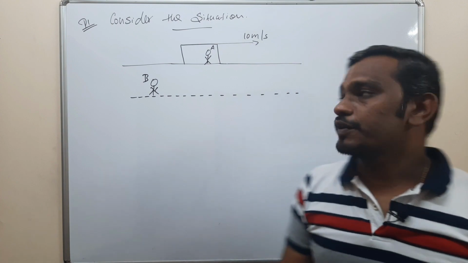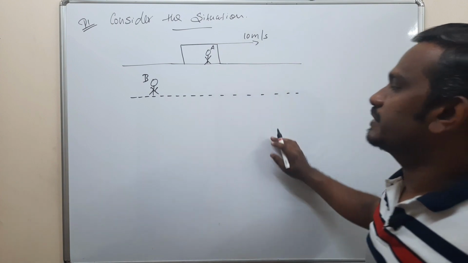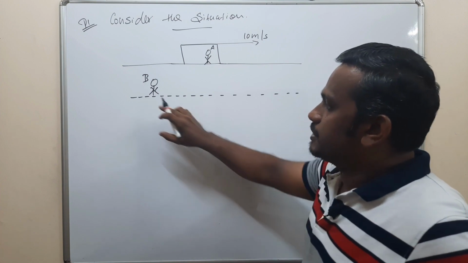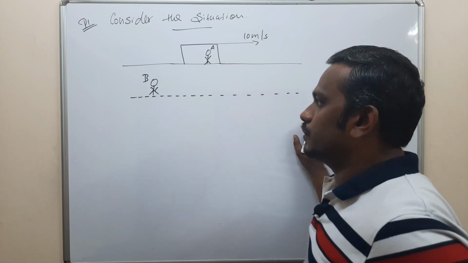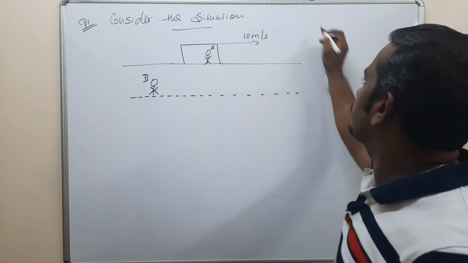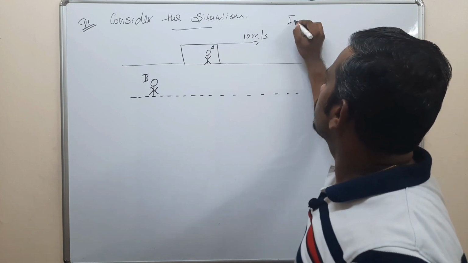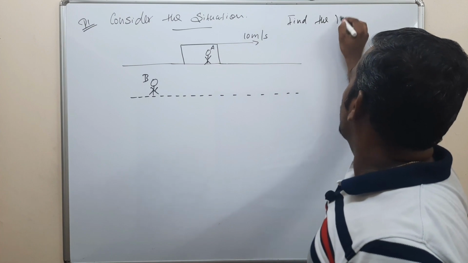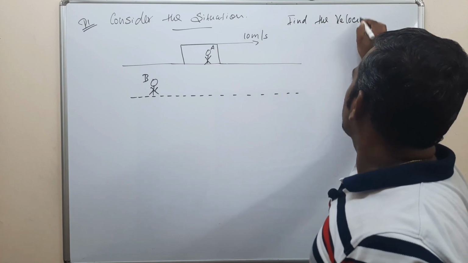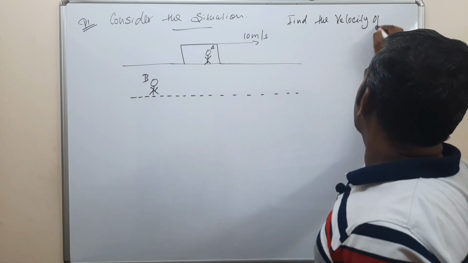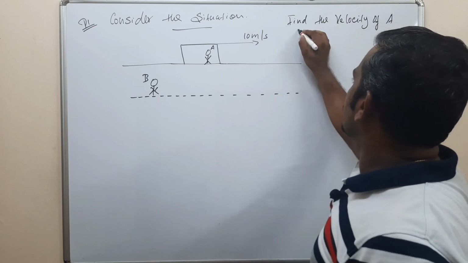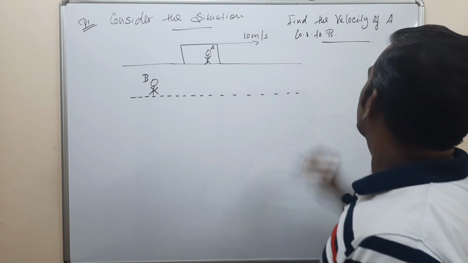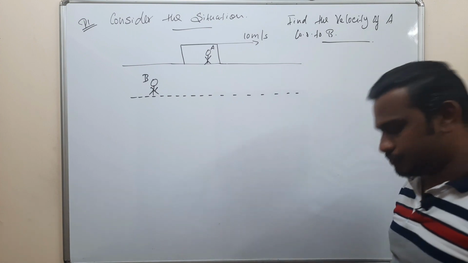A car is moving with the velocity 10 meter per second. Inside the car a person is there, that is A. Another person B is standing on the road. Find the velocity of A with respect to B.